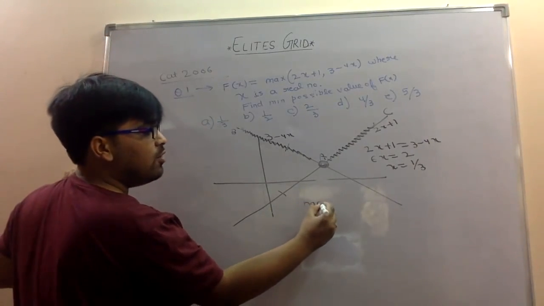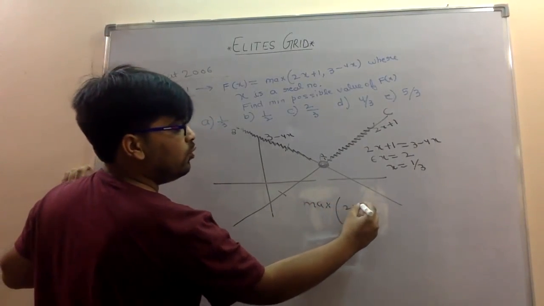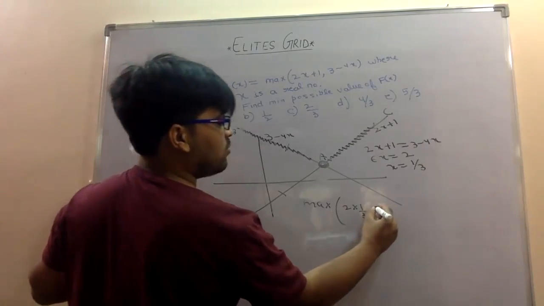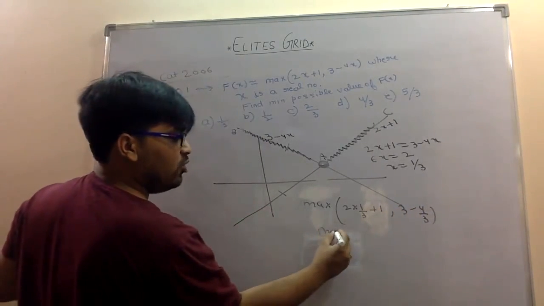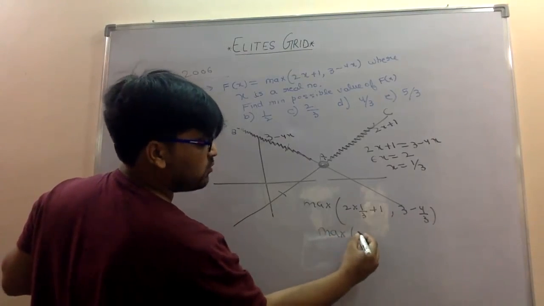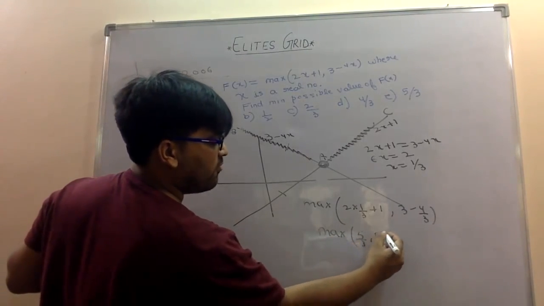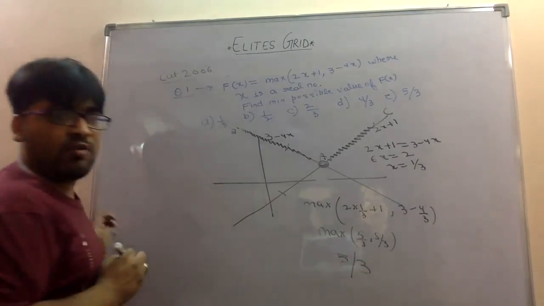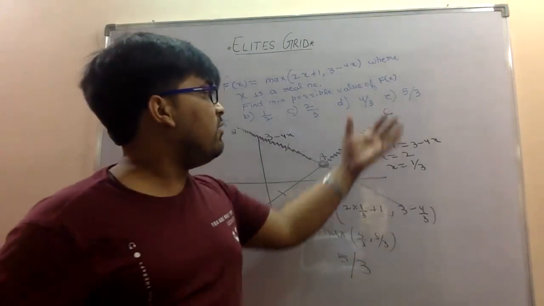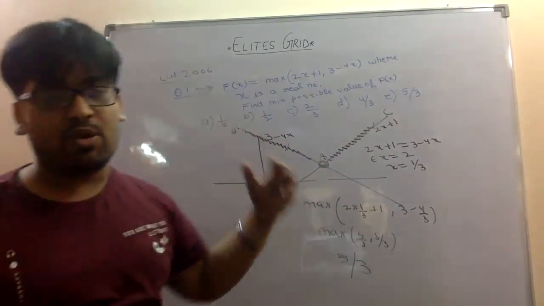So put this value: max(2 × 1/3 + 1, 3 − 4/3). That is max of 2/3 + 1, which is 5/3, comma 5/3. So the value will be 5/3, and the minimum of the maximum is 5/3. That will be your answer.